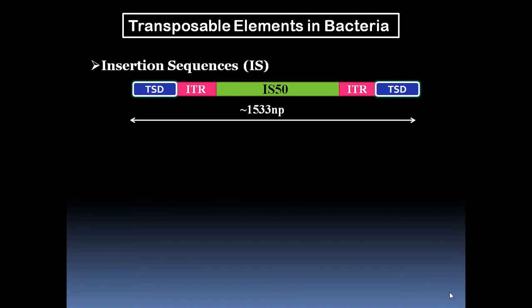An important characteristic feature of this insertion sequence is that wherever this fragment gets incorporated, it carries out a duplication at the site of incorporation, which is represented by the target site duplications, that is TSDs.